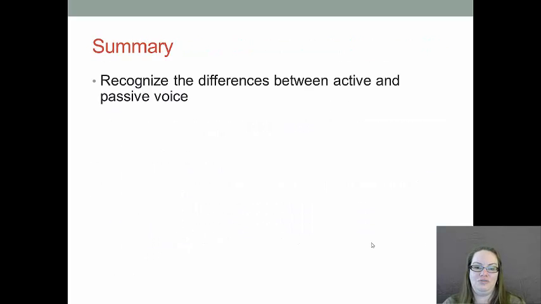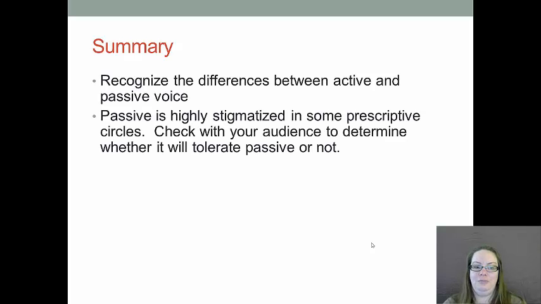We've learned how to recognize the differences between active and passive based on the grammatical roles and the thematic or semantic roles, and how those look different in different types of active or passive voice sentences. We also learned that passive is stigmatized in prescriptive circles.